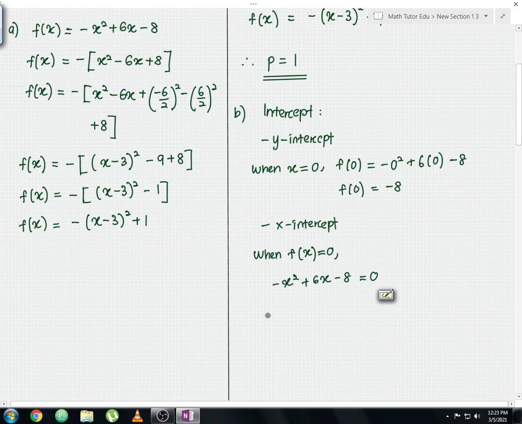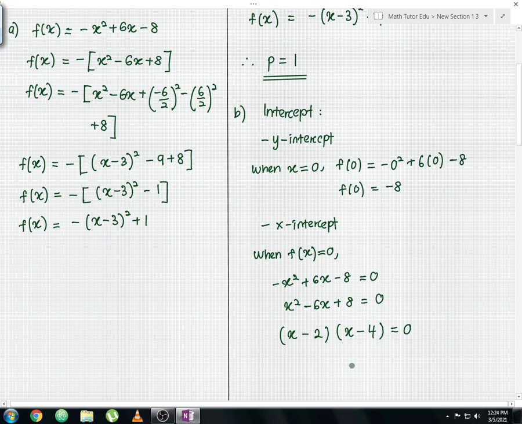You simplify the negative, so you get x squared minus 6x plus 8 equals 0. Factor this out: (x minus 2)(x minus 4) equals 0.